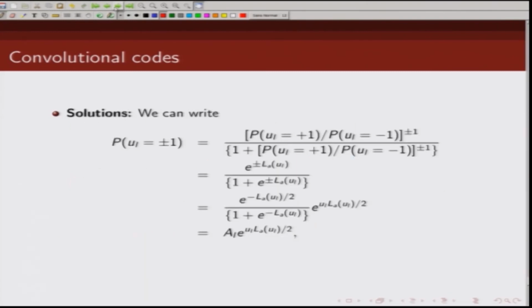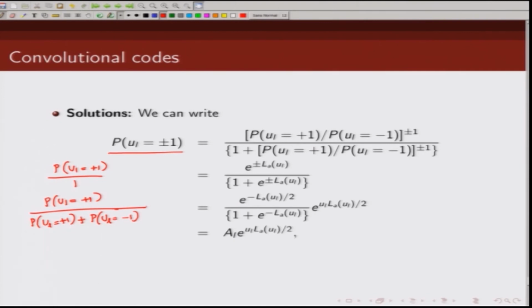So, let us look at it. What is the probability of u being +1 or -1? Let's take plus 1. Let's say what's the probability UL is plus 1. Now this can be written as this by 1. So I can write it as probability of UL being plus 1 divided by probability UL is plus 1 plus probability UL is minus 1. I write it this way, right?